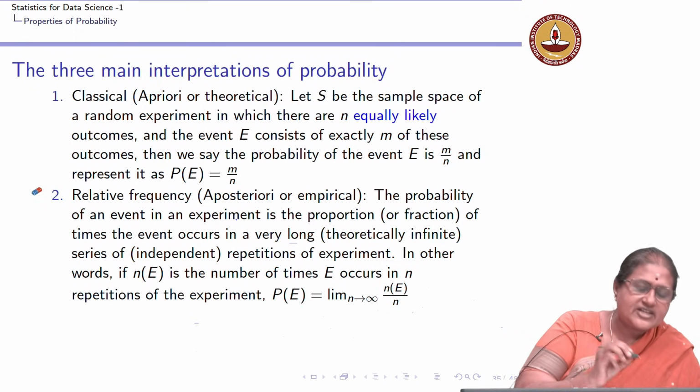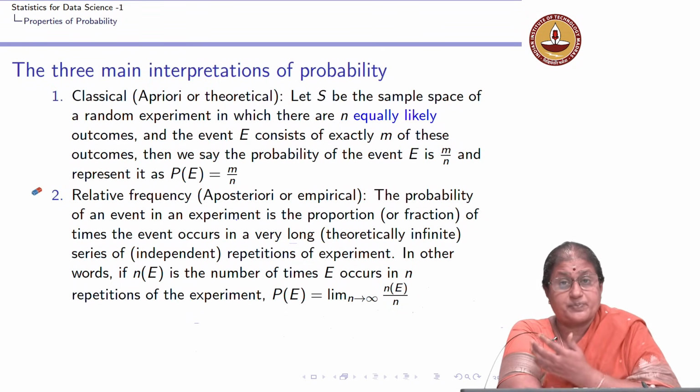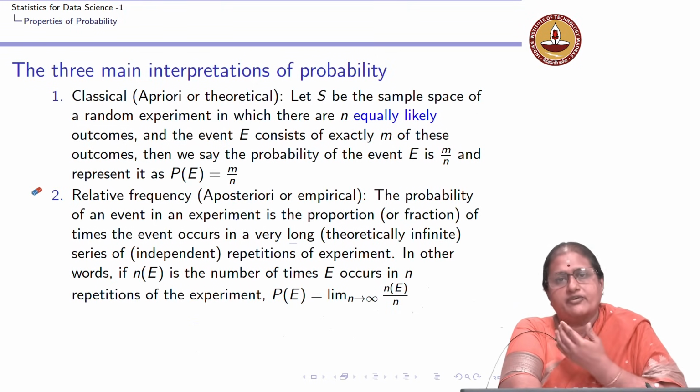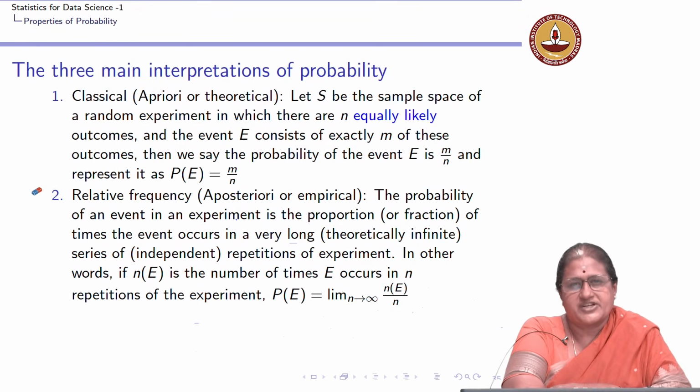The disadvantage of this approach to computing probabilities is that we are expecting that the experiment can be repeated for a very long period, but not all experiments can be repeated in this fashion.